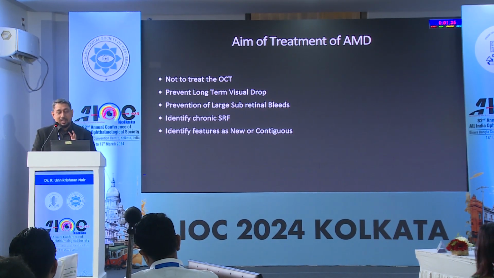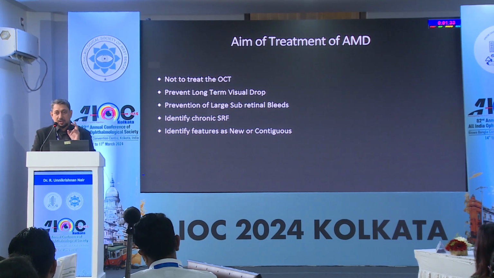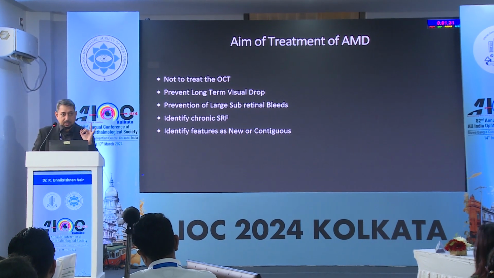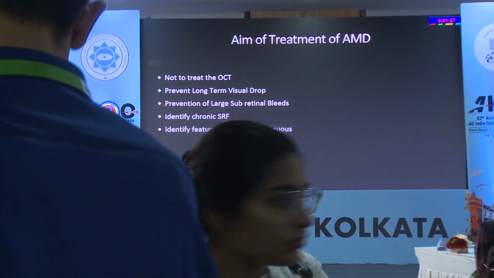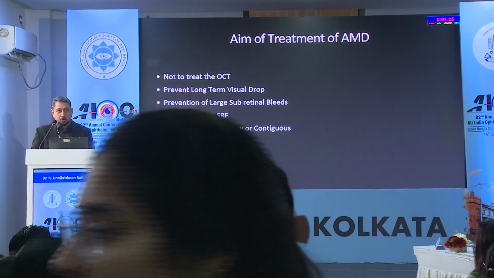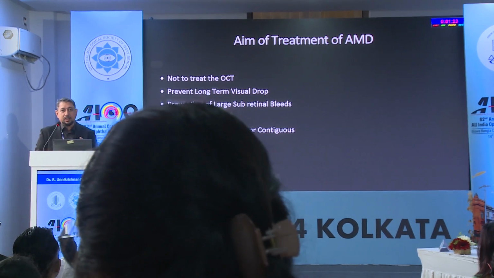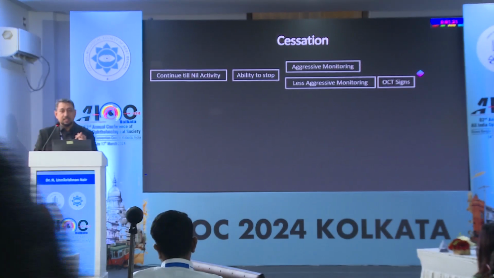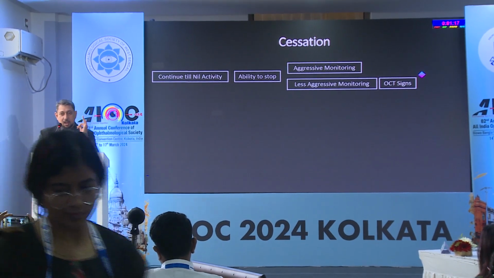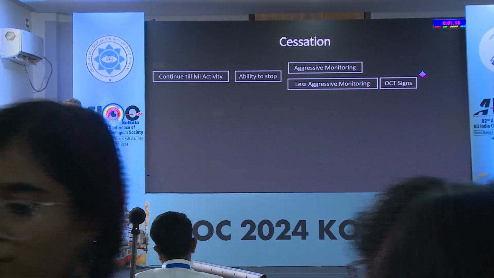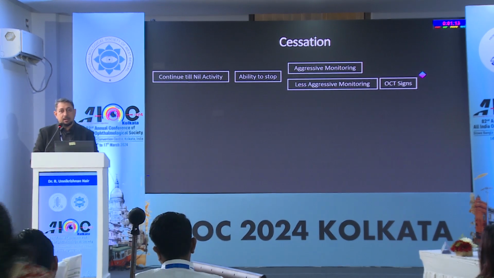And the aim in AMD is not to treat the OCT, it is to prevent long-term drop. The worst thing that can happen to you is not presence of fluid, it's the presence of atrophy. So the mindset should be changed: you don't over-treat chronic SRF. This is the hardest thing. Starting treatment is easy, continuing treatment is easy, but knowing when to stop treatment is one of the hardest points in management.